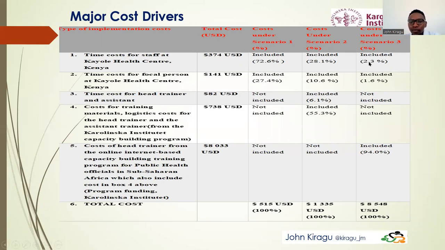Under the third scenario, in which the facility is assumed to have very minimal external support, the major cost driver was the investment in capacity building to have one graduate midwife who can implement this change.